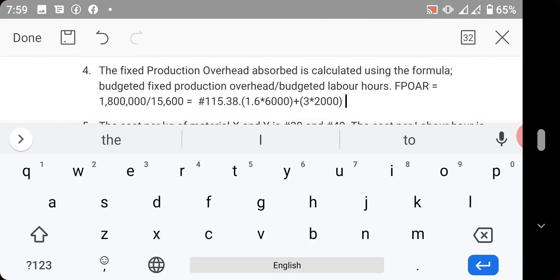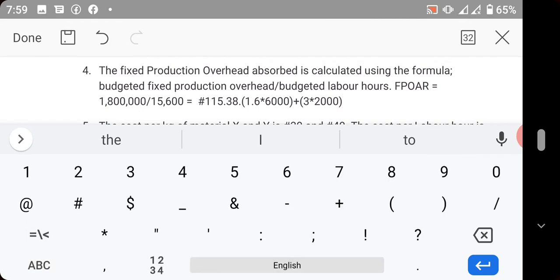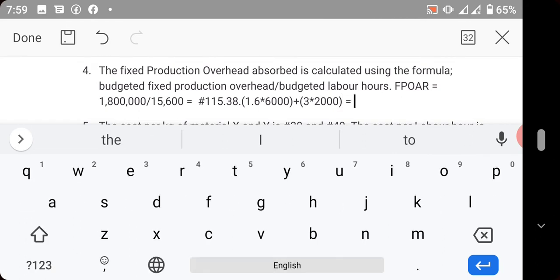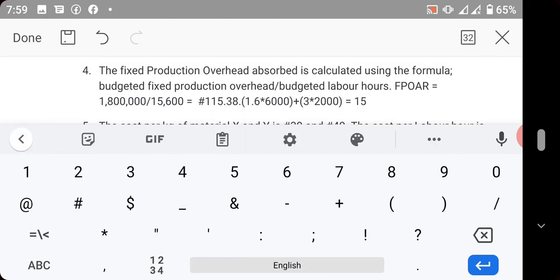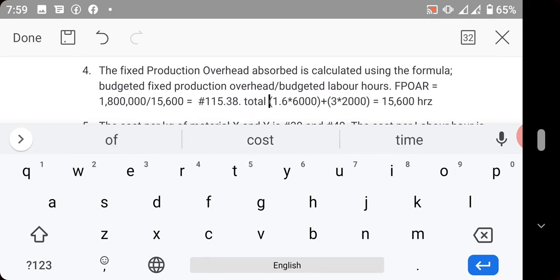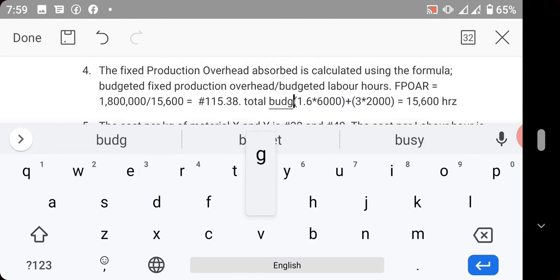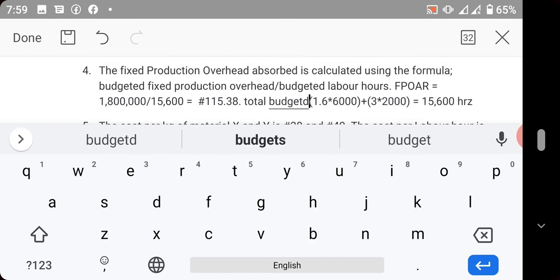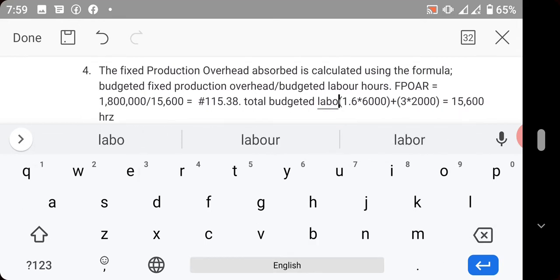That is how we got our total of 15,600 hours. So this is what we call the total budgeted labor hours.